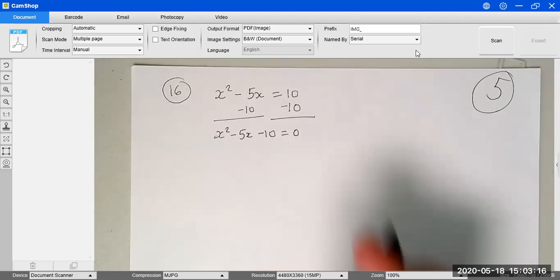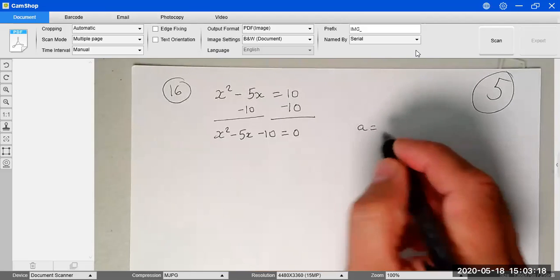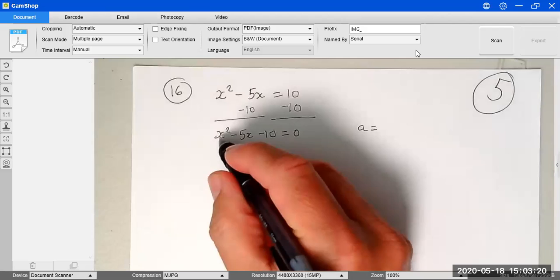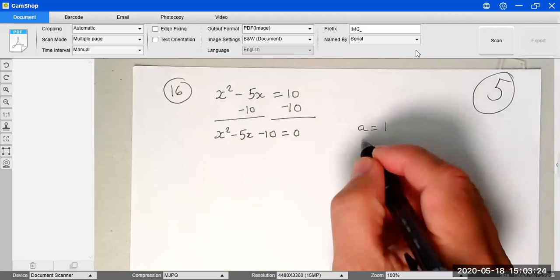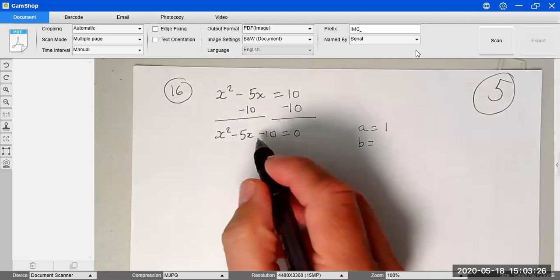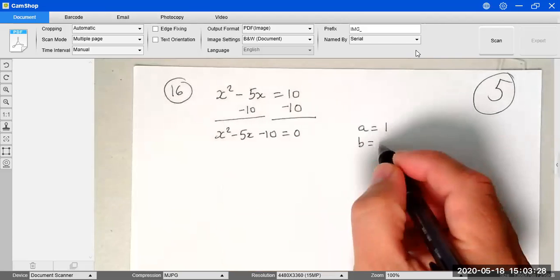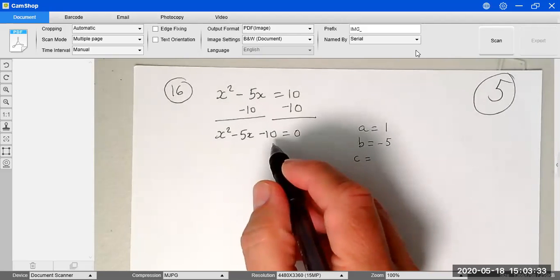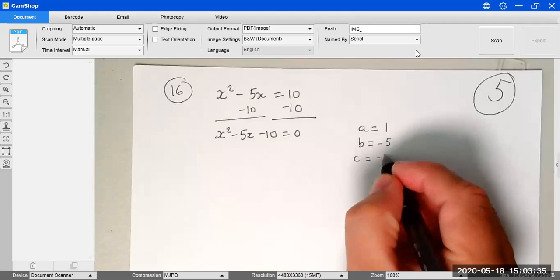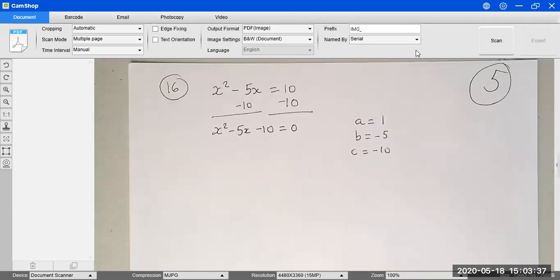So now we can identify our coefficients. The first coefficient, the coefficient of the quadratic term, is just 1. The second coefficient, for the linear term, is just -5. And finally, the last coefficient, the constant term, is -10. So now we have the coefficients.